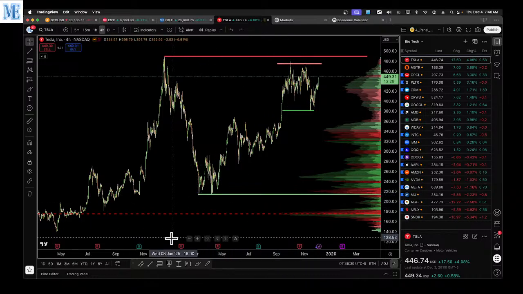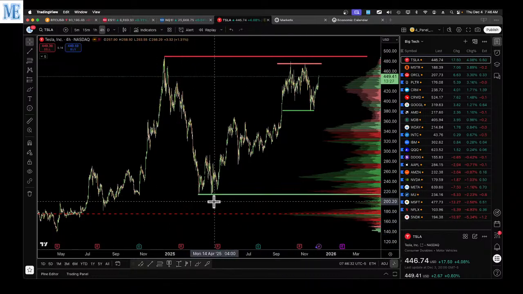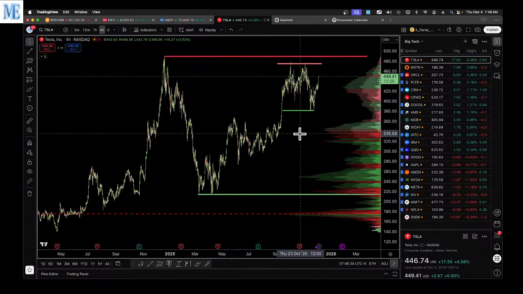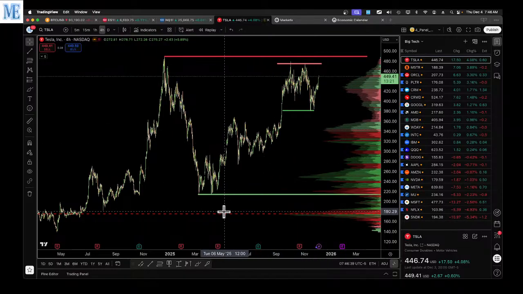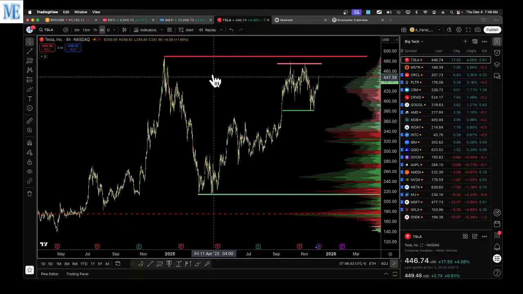If you look here, Tesla has been on a really, really nice run since May. And then I marked this out. I also marked this out. This is actually the all-time highs, which is 487, 489.